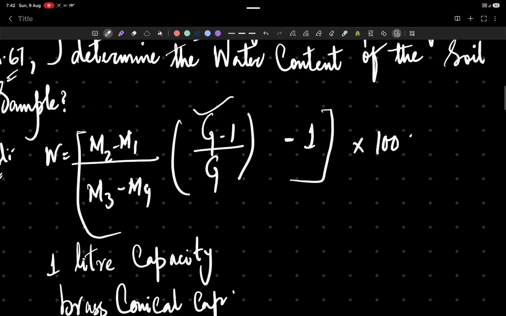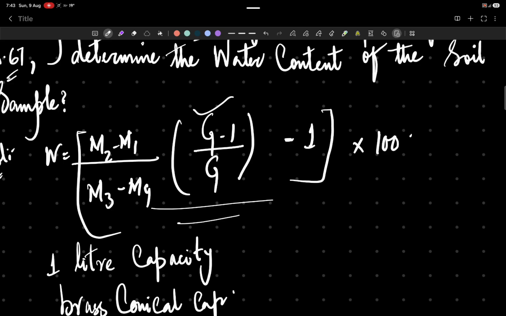Because as you can see in the generalized equation, we have G. So if we do not know the specific gravity of the soil solid particles, we won't arrive at the water content by this picnometer method. So this is a certain limitation, that we must know the specific gravity of the soil solids beforehand, or before conducting the test itself.